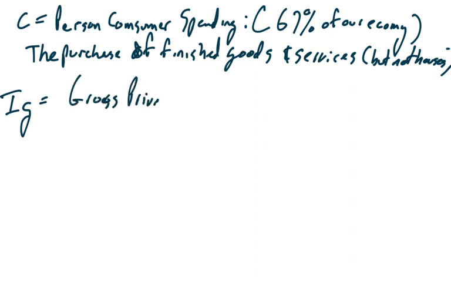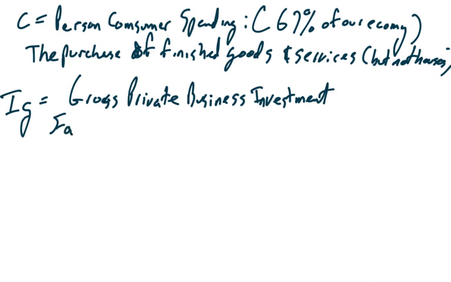Next thing we're going to talk about is IG, which is short for gross private business investment. All right. So when we talk about gross private business investment, we should be aware that we are not talking about your traditional investments like stocks and bonds, right? What are we talking about? We're talking about factory equipment maintenance, right?